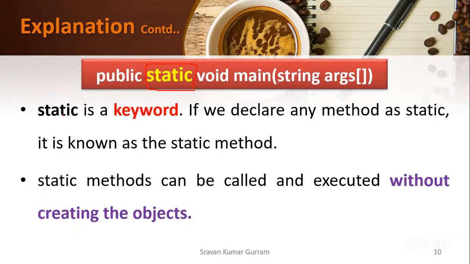Generally, in Java, if you want to call any method, you must create an object of that particular class, and with the help of the object name only, you can call the methods. But if the method is a static type, no need to create the object. Without creating the object, this main method will be executed. That's why the main method should be static type.